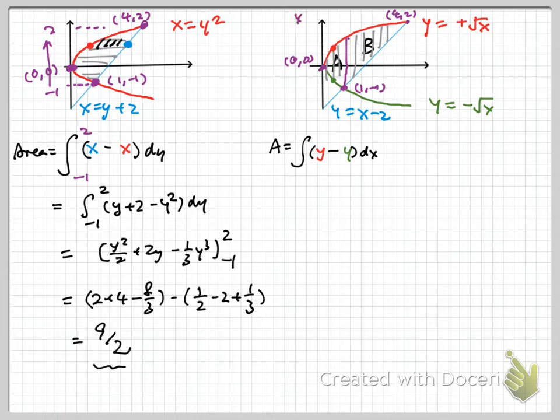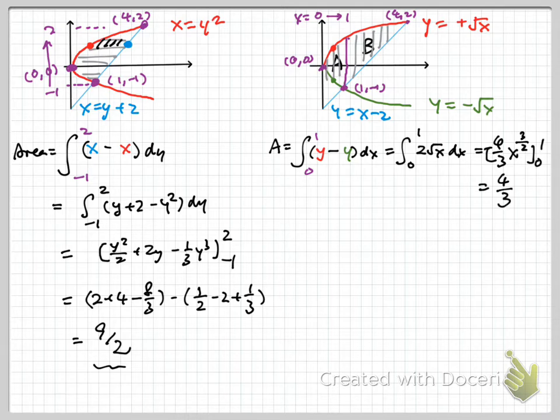It is x equals 0 all the way to 1, x from 0 to 1 for region A. And that goes to the integral from 0 to 1 of twice root x dx, and that goes to 4/3 x^(3/2) from 0 to 1, and the answer goes to 4/3. Right, that is only for A.